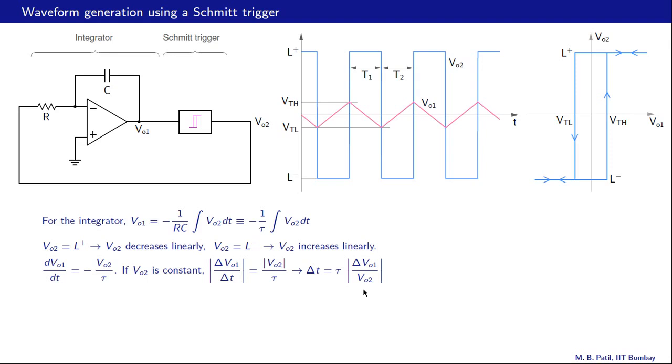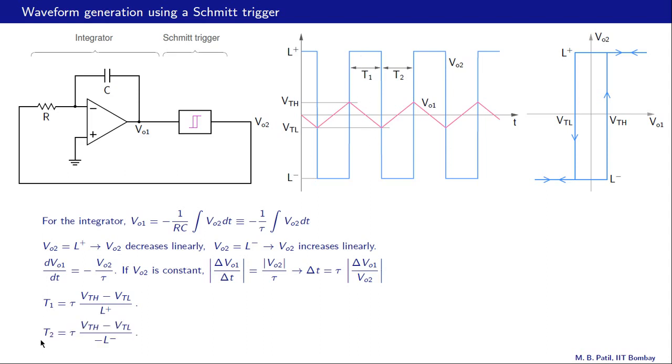And now we can apply that to each of these intervals, T1 as well as T2. And that gives us T1 equal to tau times VTH minus VTL, that is our delta VO1, divided by VO2. VO2 is L plus at that time.